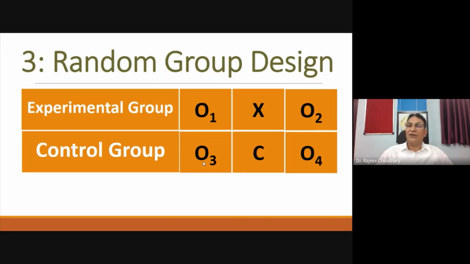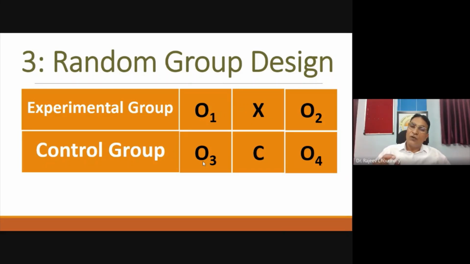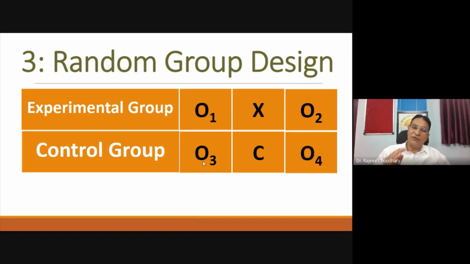It means this difference will distort the whole study. Agree? Agreed, sir. So, if the initial level is unequal, if there is a difference between O1 and O3, then what will you do? Will you proceed further or will any other action be taken?